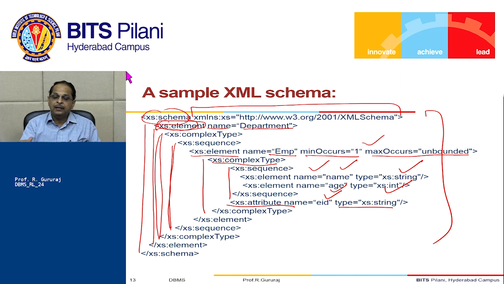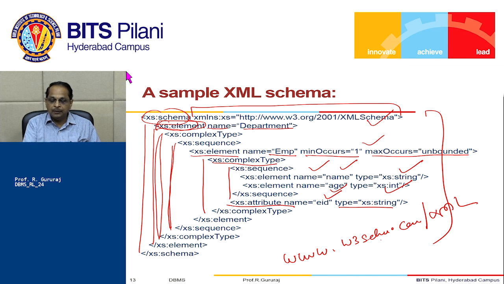That is the only thing that needs to be carefully observed in XML schemas. And if you go to www.w3schools.com/XML, you can see the tutorials. A lot of tutorials are available there, which explain the DTD, the XML schemas, and also the query languages for XML documents.